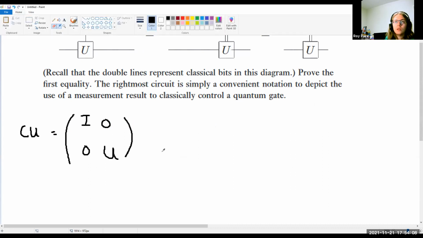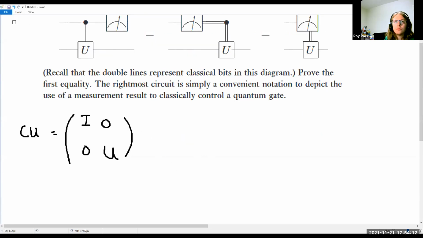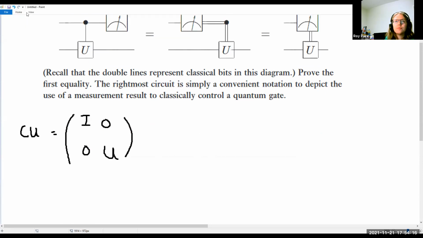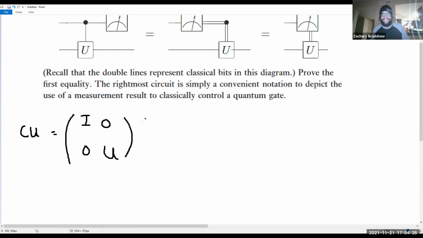So then, when you apply a measurement, what is going on? Oh, it's writing in white, that's why.